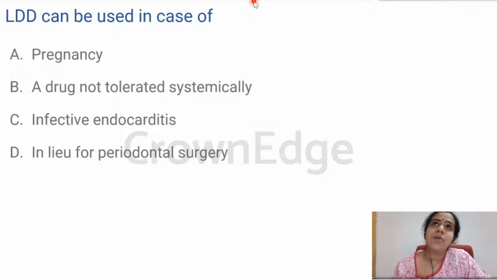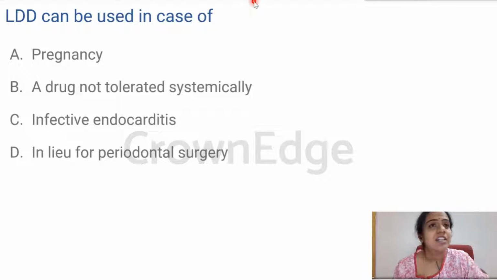One thing you should know about LDD, as we discuss the indications and contraindications, is that it, and any chemotherapeutic agent for that matter, from your chlorhexidine mouth rinse to your systemic antibiotic therapy and your LDD, is only an adjunct. Remember this one word: adjunct.